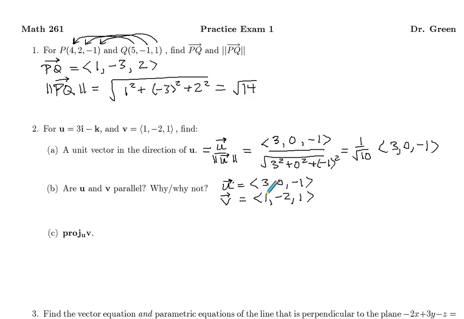They have to be multiples one way or another. If I multiply 1 by 3, I get 3, but to multiply negative 2 and get 0, I have to multiply by 0. So it's not a constant multiplier.